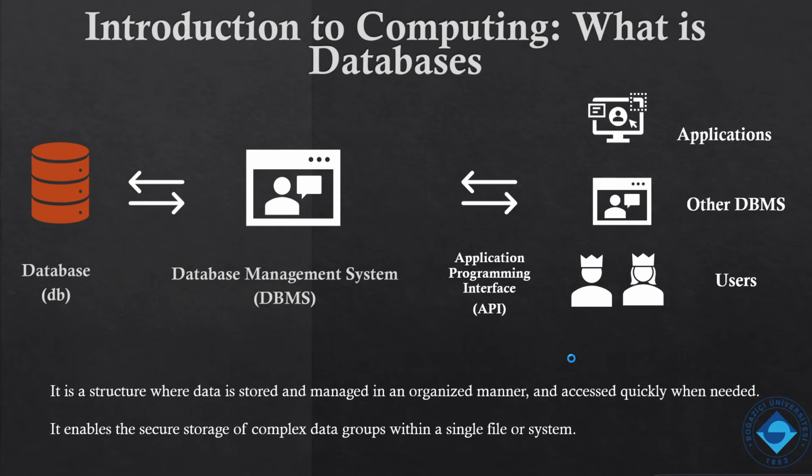A database is a structure where data is stored and managed in an organized manner and accessed quickly when needed. It enables the secure storage of complex data groups within a single file or system. You can see in the main figure here, database, and we are going to use SQLite, which is a database management system.